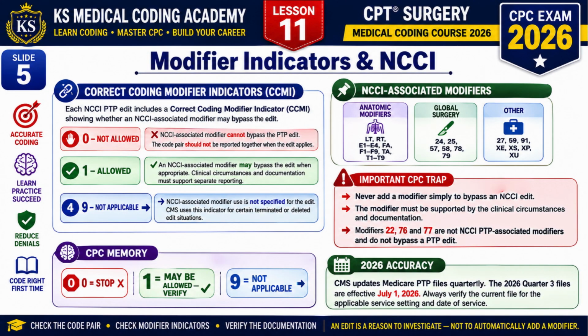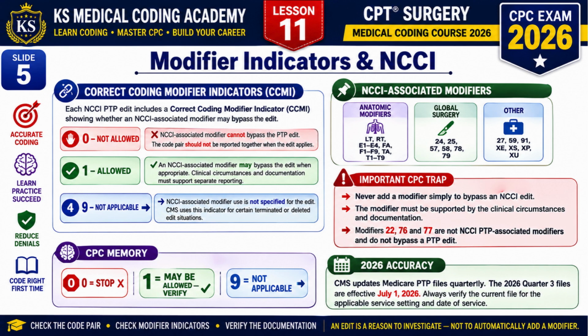Each NCCI procedure-to-procedure edit includes a correct coding modifier indicator, or CCMI, which tells us whether an NCCI-associated modifier may be used to bypass the edit. There are 3 important indicators to remember. Indicator 0 means the edit cannot be bypassed with an NCCI-associated modifier. Indicator 1 means an appropriate modifier may bypass the edit when the clinical circumstances and documentation support separate reporting.